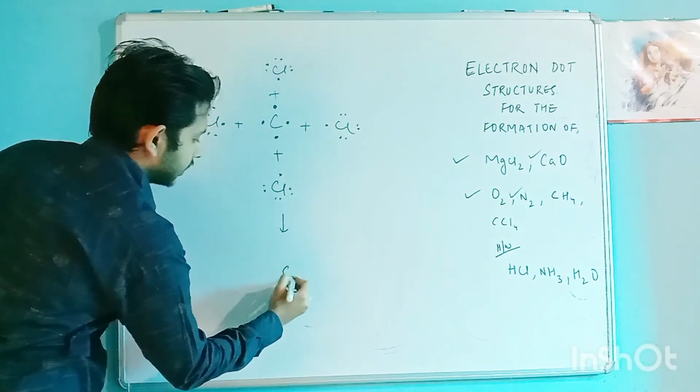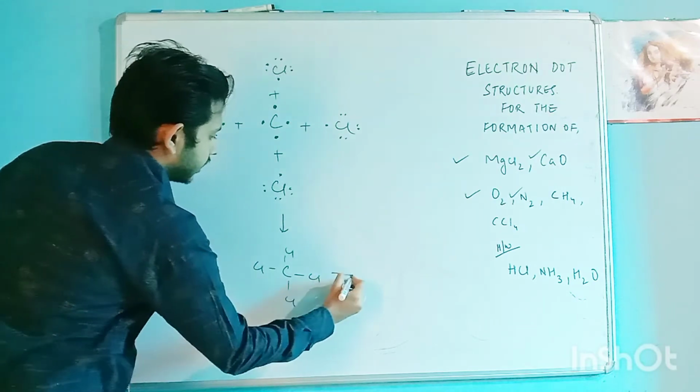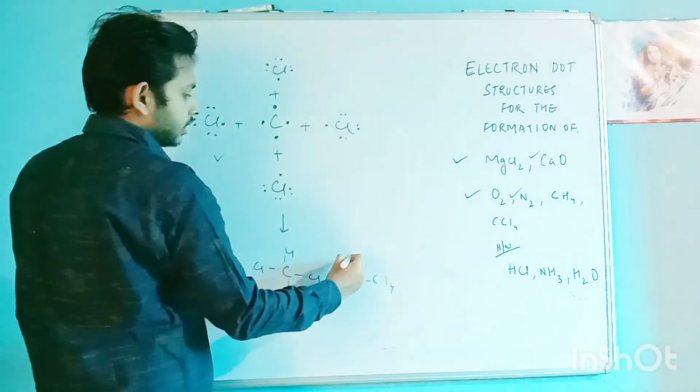So we can write it like this. I'm not drawing the dotted one, or we can write it as CCl4. At least these 3 steps should be there.